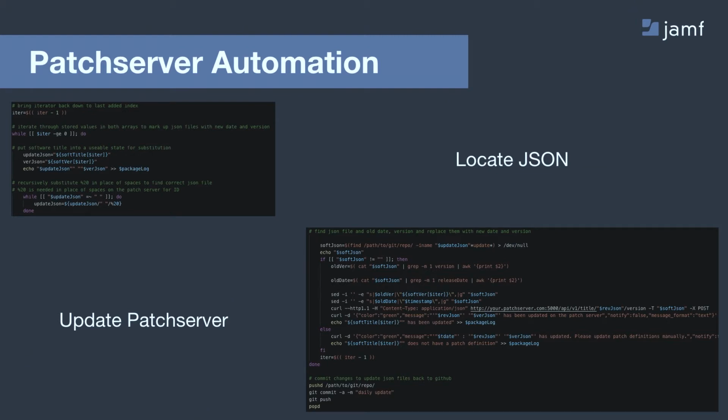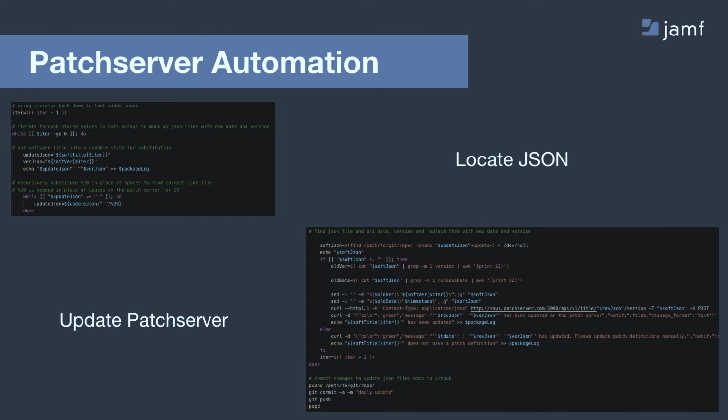Now what it does is it goes and looks for, in the location of the JSON files, the name and a very specific file name string. So it would be like Microsoft Office update or something like that. And if it finds it, then it goes through that JSON file, and it updates the date, and it updates the version.